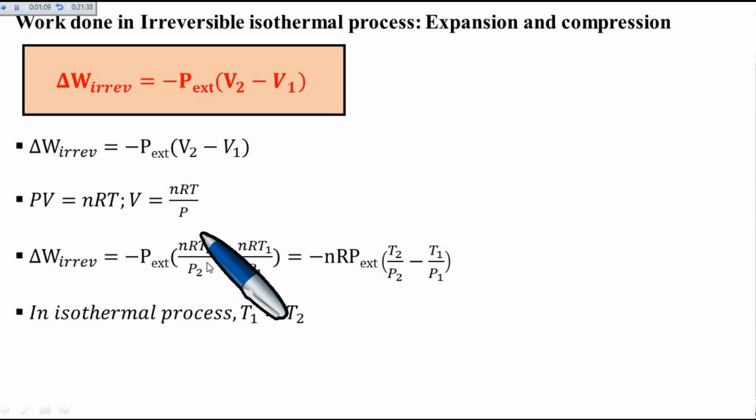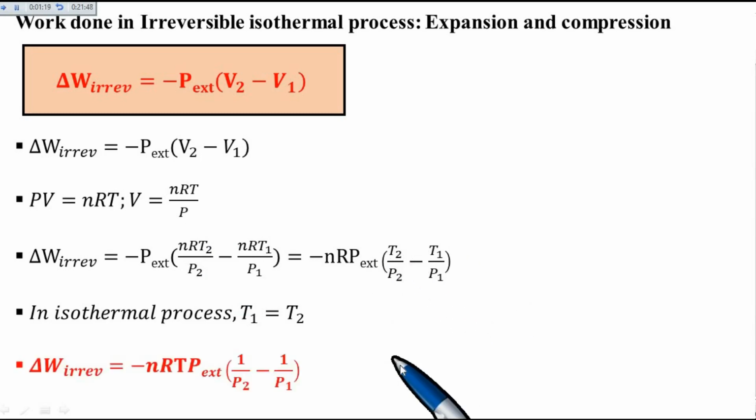Then we can replace T2 and T1 with a single T. In this case, we get negative nRT, keeping this T aside, times 1 over P2 minus 1 over P1. We are using this T because T2 is equal to T1 is equal to T when you have an isothermal process, where the temperature stays constant.